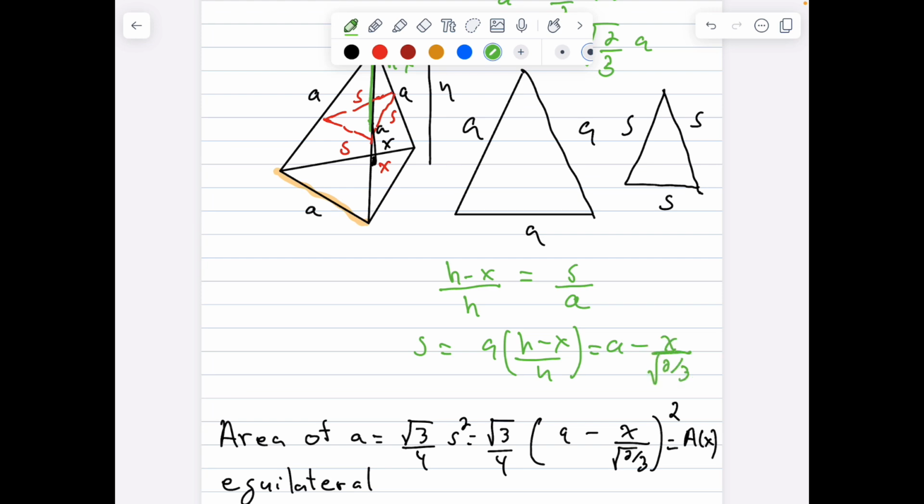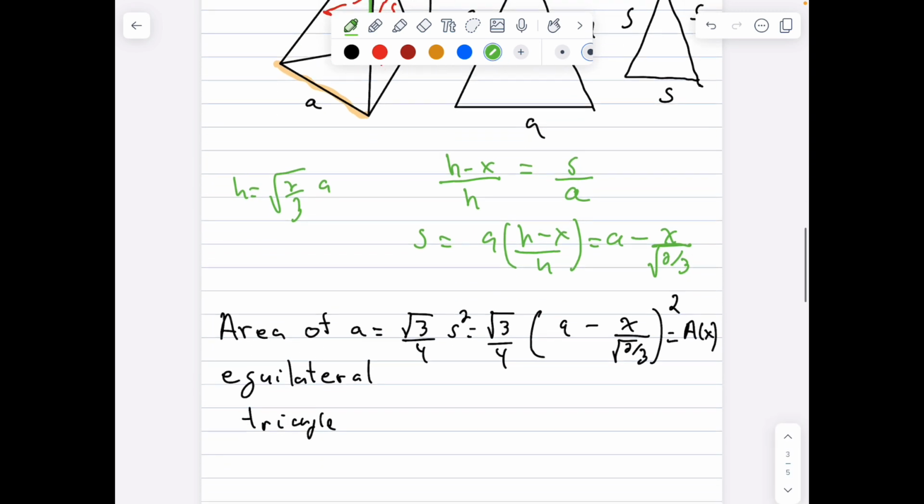I didn't replace h with root 2/3 a. It is equal to that, just recall. But because it's kind of a messy term to work with, I'm working with what you see here. So that's the length of any side of any triangle that I slice up vertically, okay?